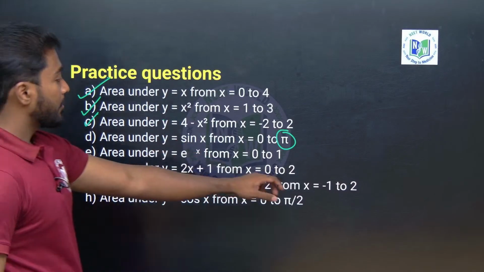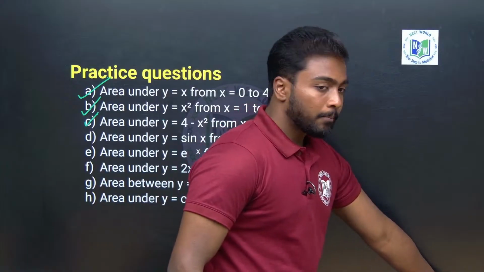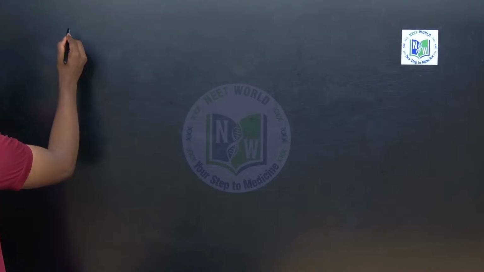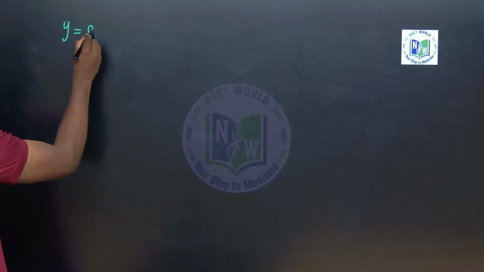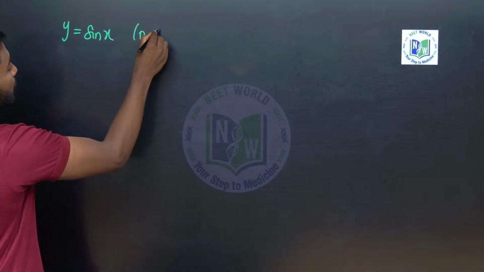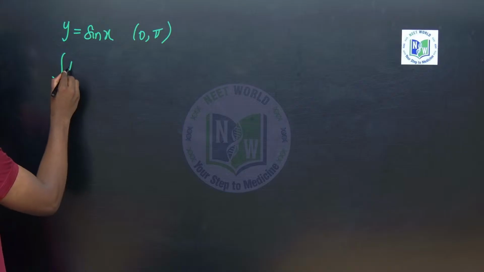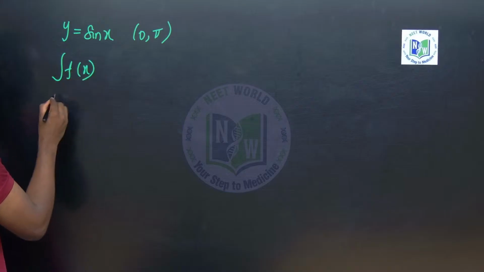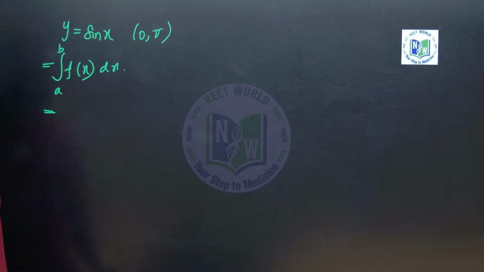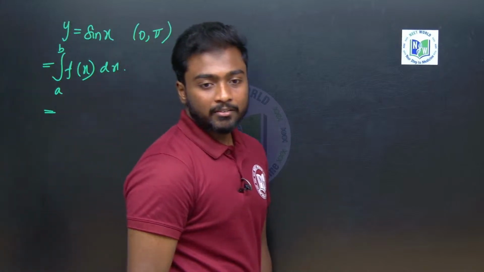So sin x from 0 to pi. So y is equal to sin x from 0 to pi is the given thing. So the integral of f of x, that is a to b dx. So here the function is sin x, right?